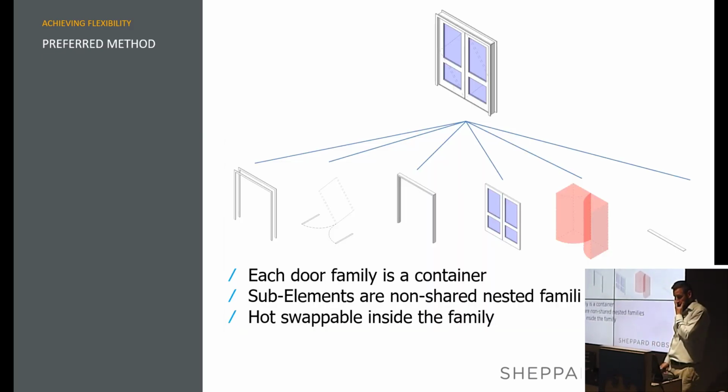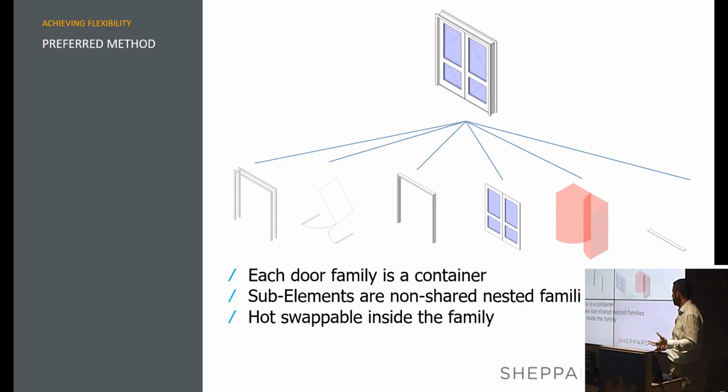So we decided to go for the not shared but nested approach, and this is kind of how we get it to work. The main door becomes a container. There's no geometry within there, and then we have separate families for each of the parts of the door, and these are loaded into the container.